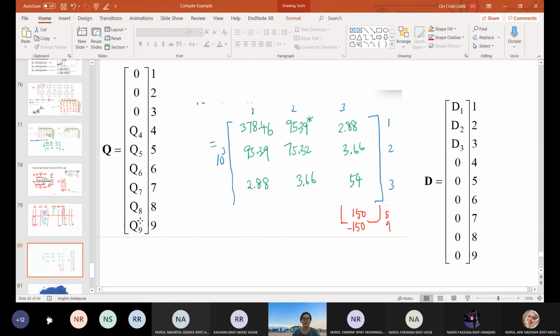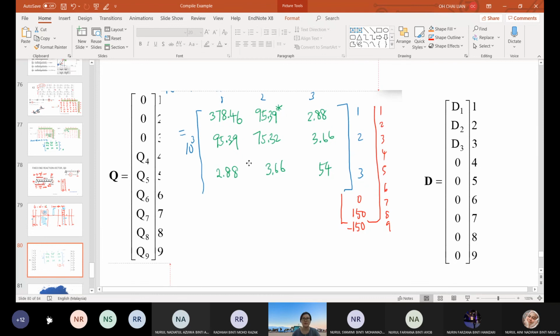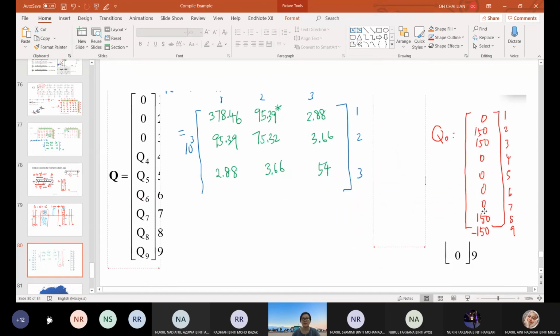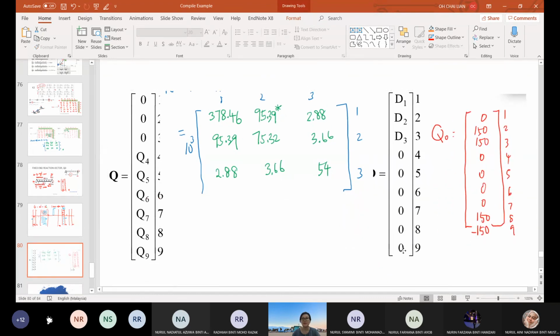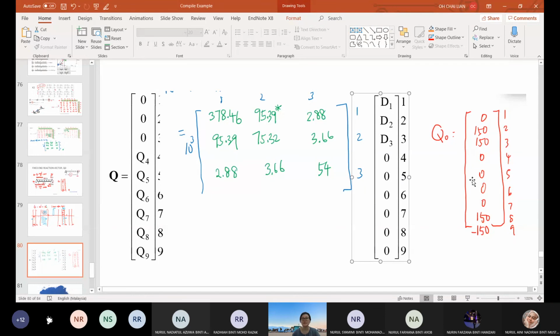Where is the Q? Q equal to KD plus Q naught.